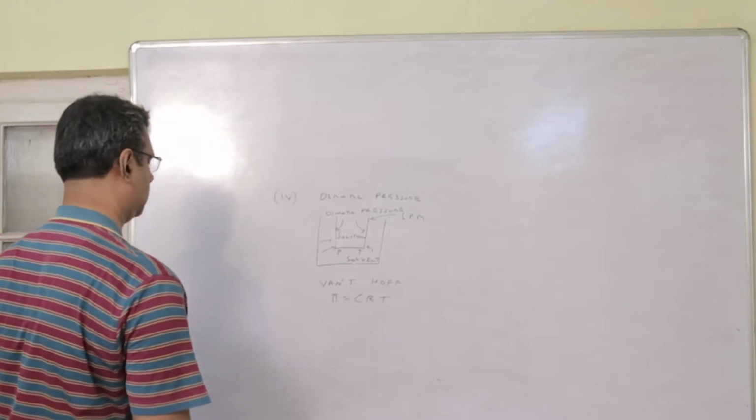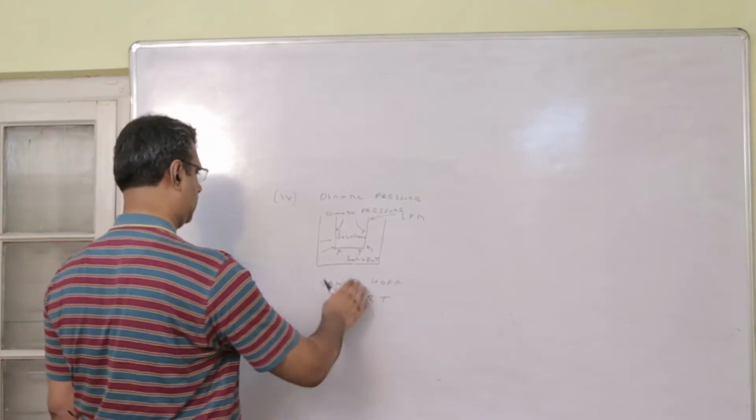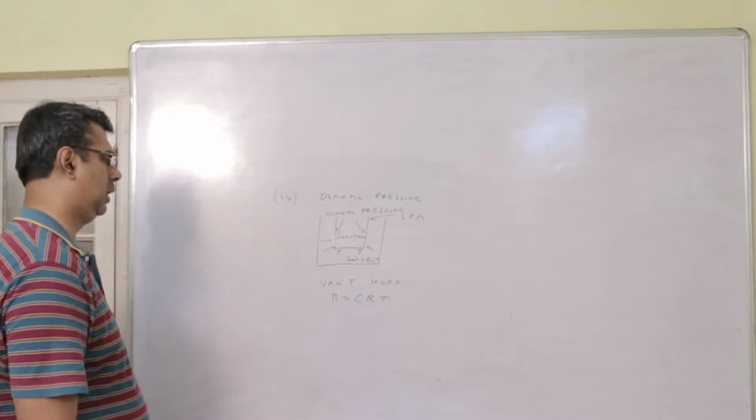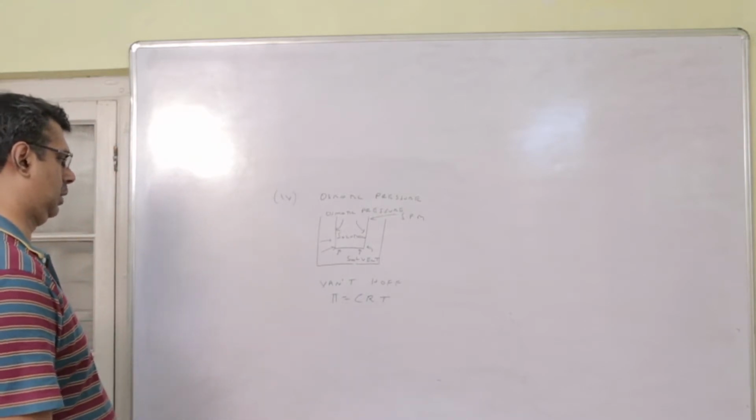Osmotic pressure is also a colligative property because it only depends on the concentration of the solution and not the nature of the solute.